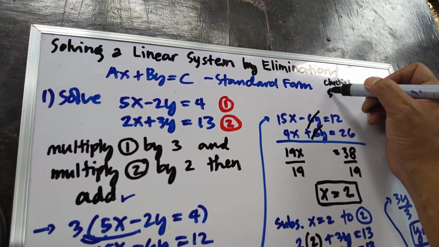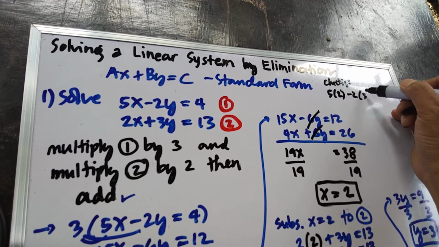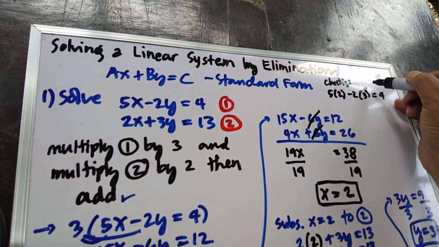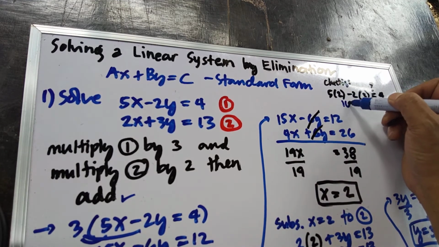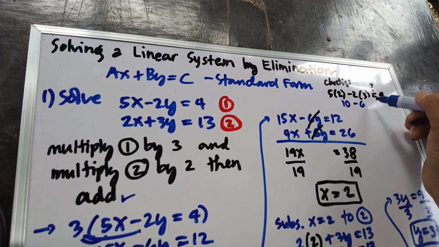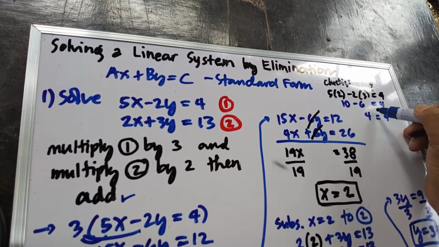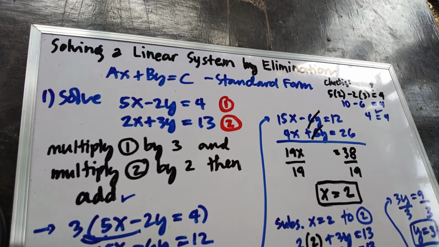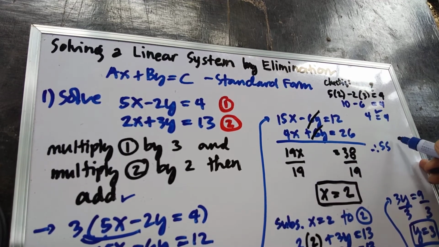Checking: 5 times 2 minus 2 times 3 is equal to 4. Are they equal? So this is 5 times 2, 10, minus 6 is equal to 4. 10 minus 6, so 4 is equal to 4. Therefore, we are correct. Our solution set is the ordered pair (2, 3).